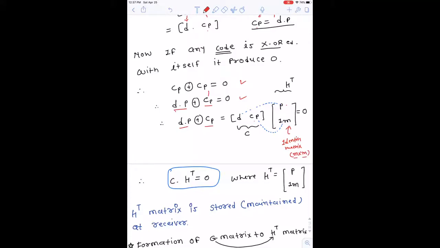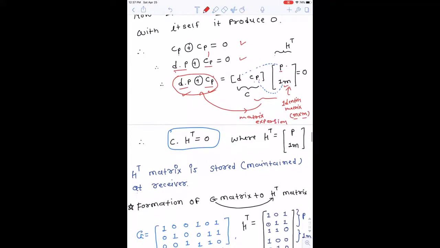Now if you multiply this, you get the same result, because D is multiplied with P, so you get this first term, and then you multiply CP with IM, so you get the identity matrix times CP. So this is simply the matrix expansion of this equation, DP XOR CP. This is the equation, and this is simply the matrix expansion of it.